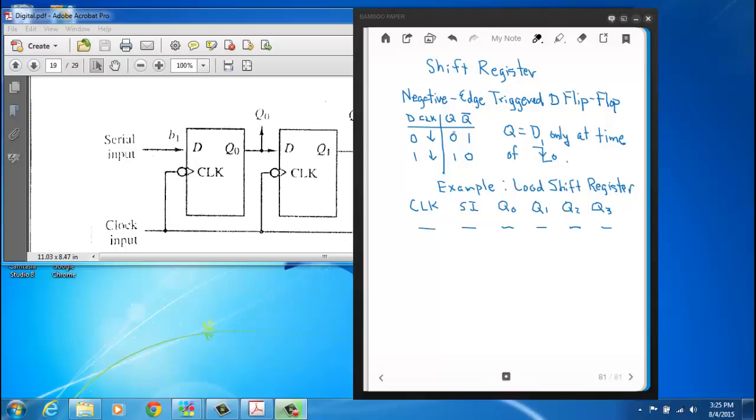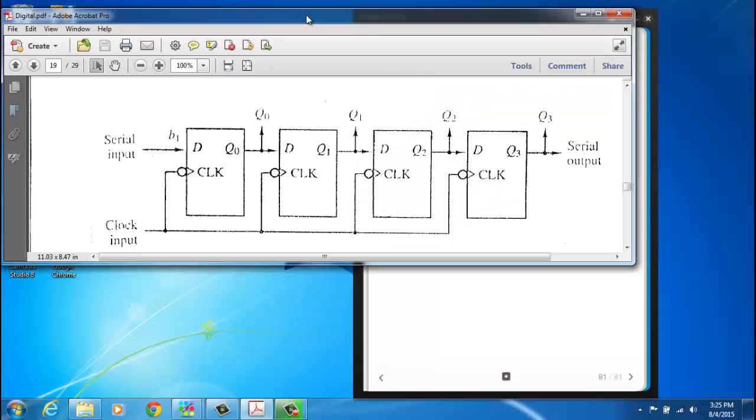So here's a diagram of a shift register. This is a 4-bit shift register. Notice that it's synchronized because the clock inputs are all connected together. And notice that the Q output of one flip-flop connects to the D input of the next. This is a similar type of connection to how the counters were connected with JKs. Anytime you have the output of a flip-flop going to the input of another flip-flop, it's called a cascade connection.